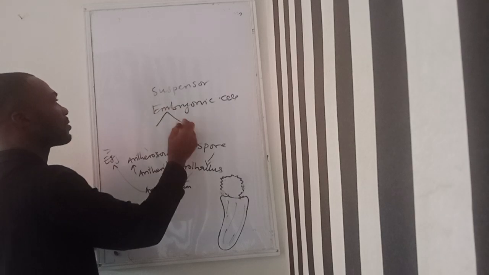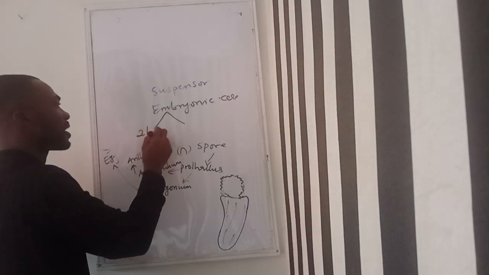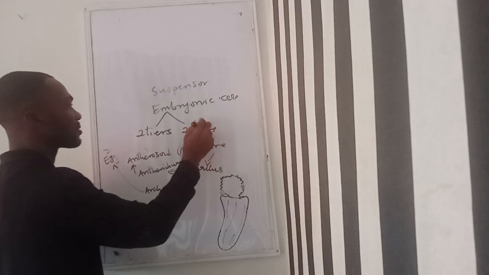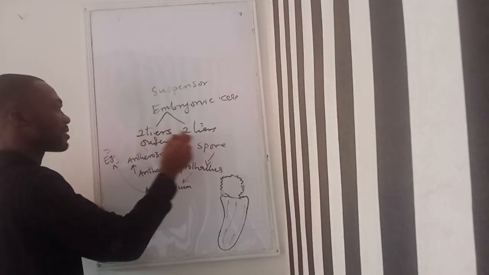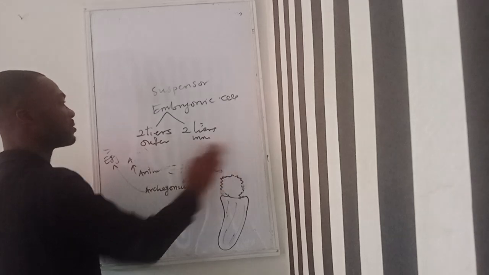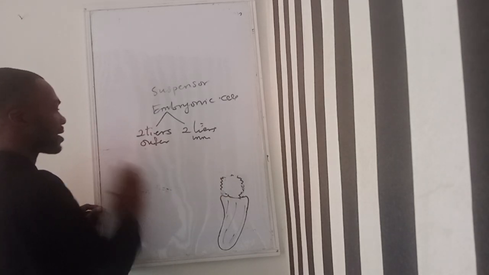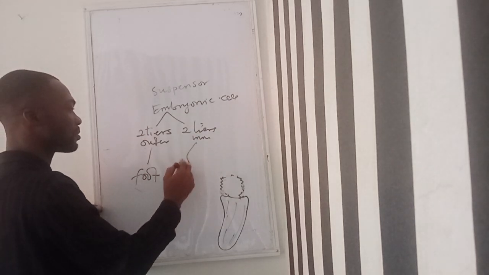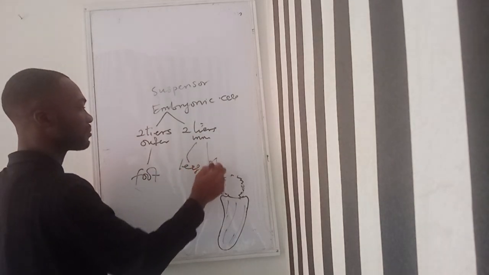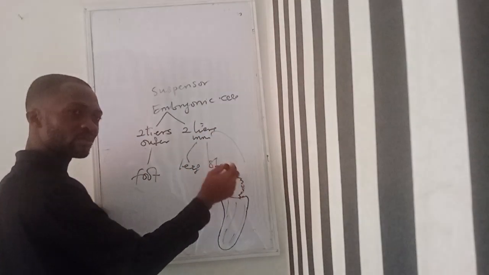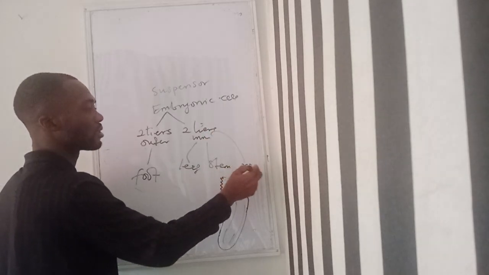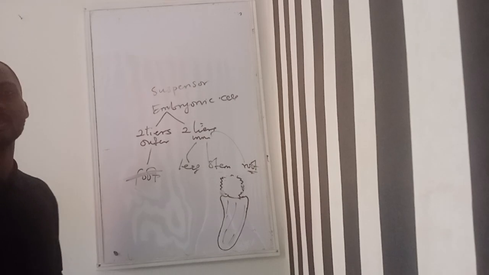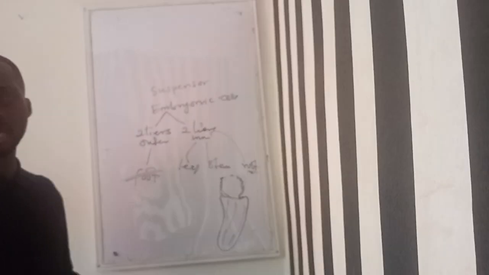So this embryonic cell also divides into two tiers of four cells. The first two tiers form the outer cells, this forms the inner cells. So this outer cell results in formation of the foot, this one results in formation of leaf, then stem, then later on still produces the root. And once this root is formed, the foot degenerates. So that is how reproduction in Lycopodium occurs.